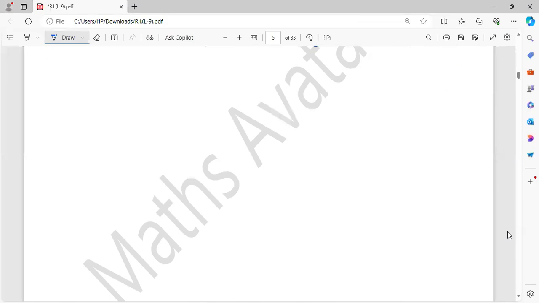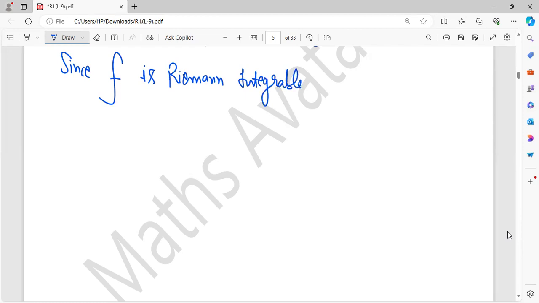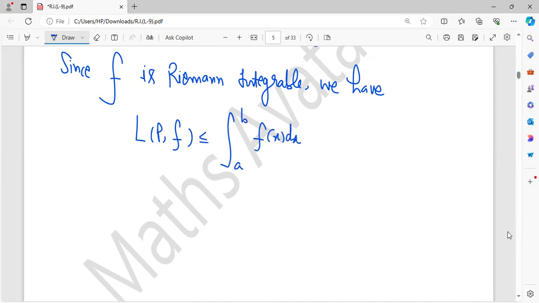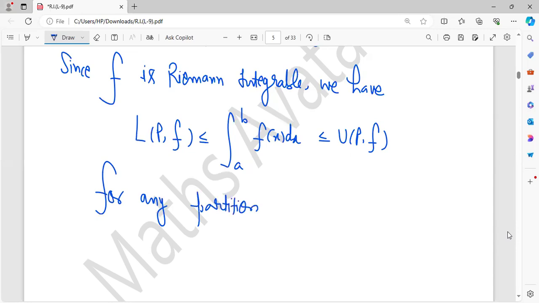Since f is Riemann integrable, we have L(P,f) less than or equal to U(P,f) for any partition P of [a, b].